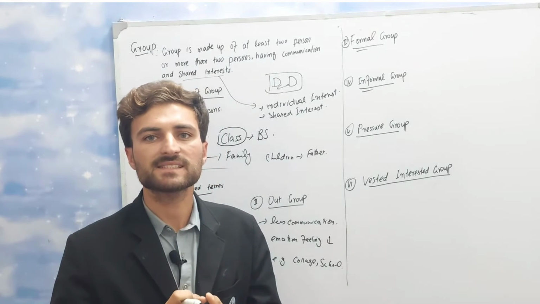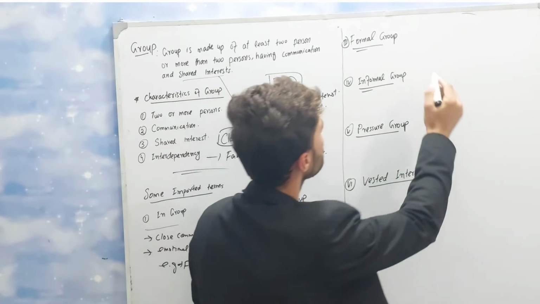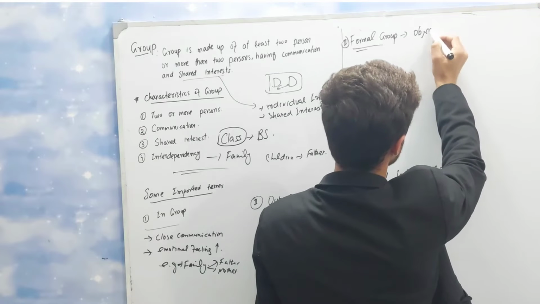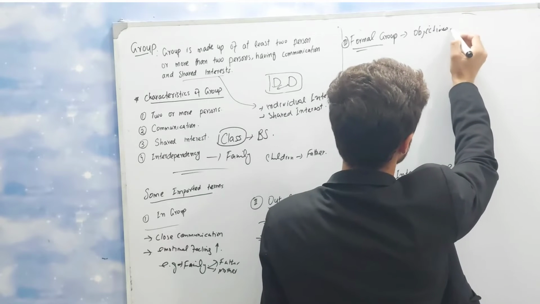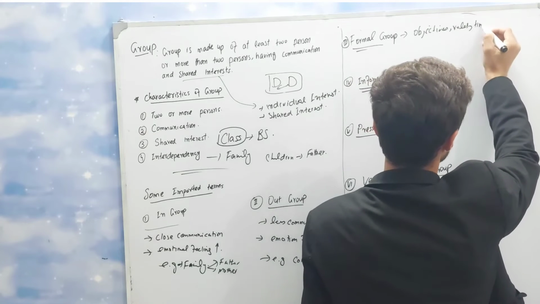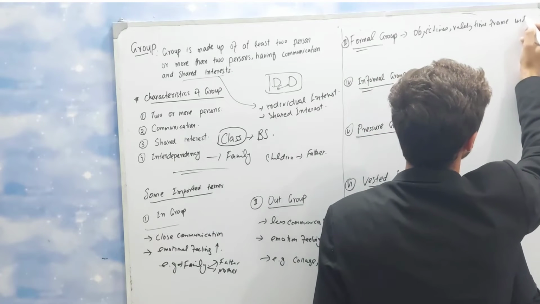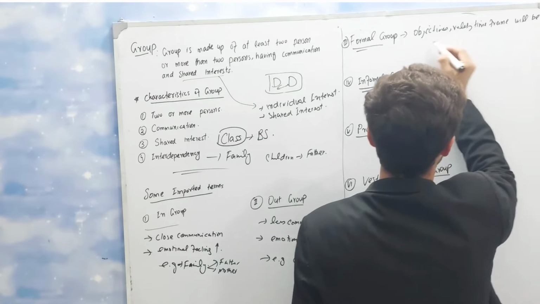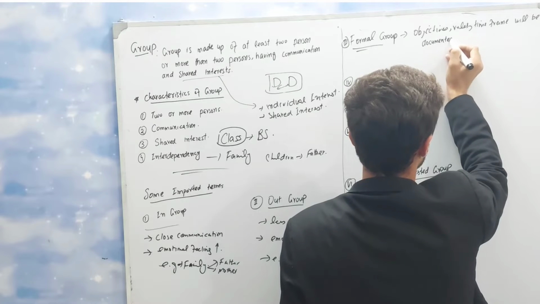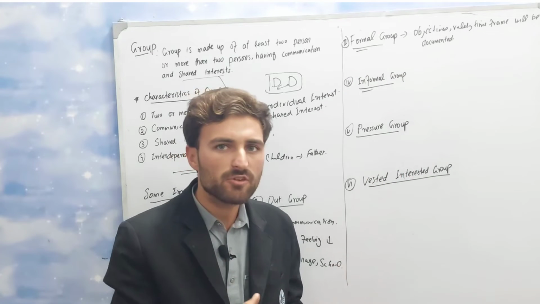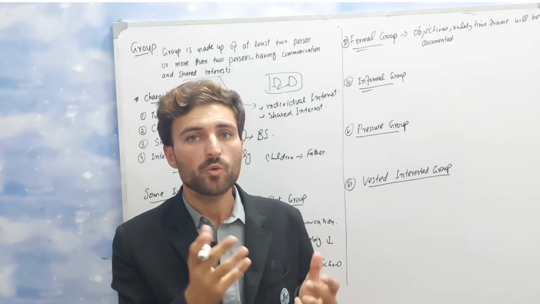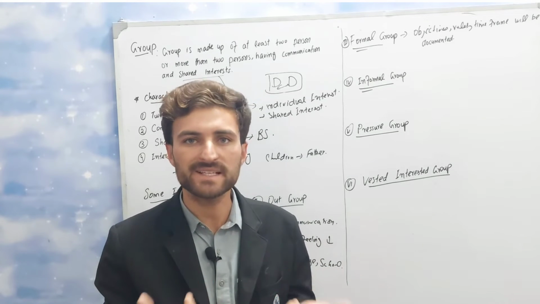Now let's discuss the formal group. The formal group is that kind of group in which the objectives, rules, as well as time frame will be documented. From the word formal, we can know that it will be a group which has a lot of formalities.